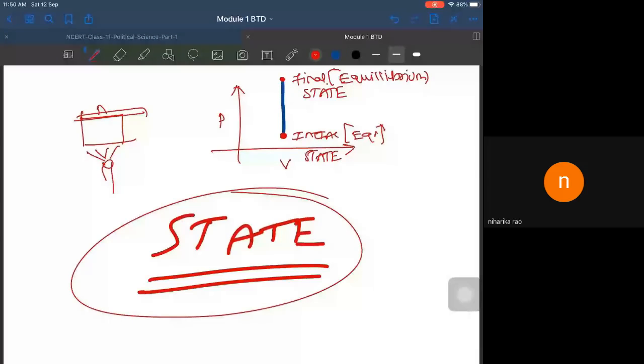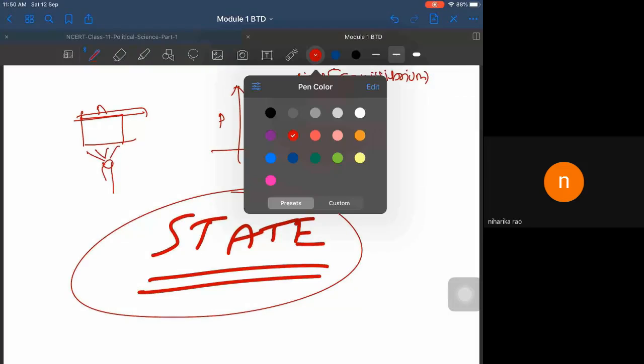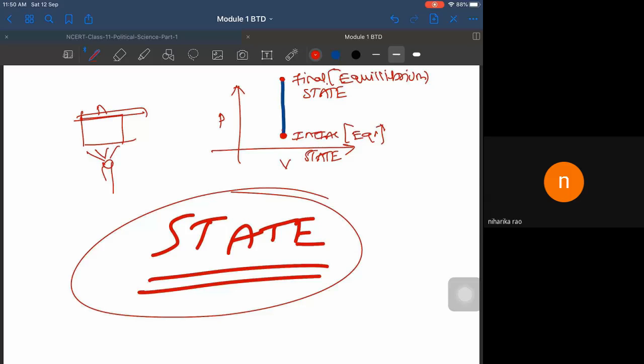In the process, if I want a particular point here like this, it is a series of states it goes through. So this might become a state here. This is also a state, a state, a state. State is nothing but the existence at that particular point of time.